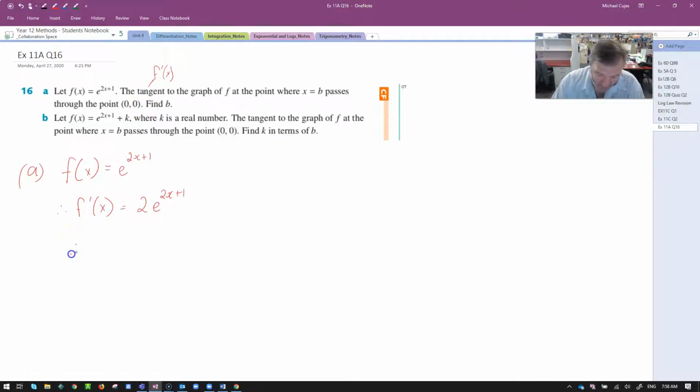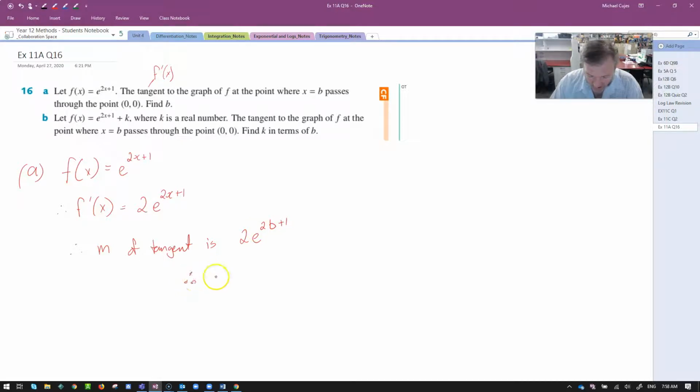So, therefore, the gradient of the tangent is always going to be 2e to the 2b plus 1, at point b. It's a number. It's no longer an exponential equation because it's just got a value in there for b. So we should be able to work with this.